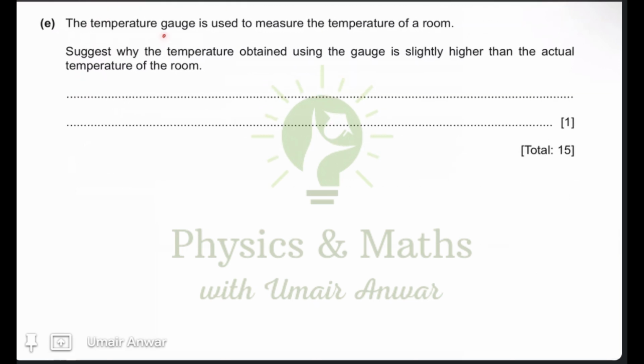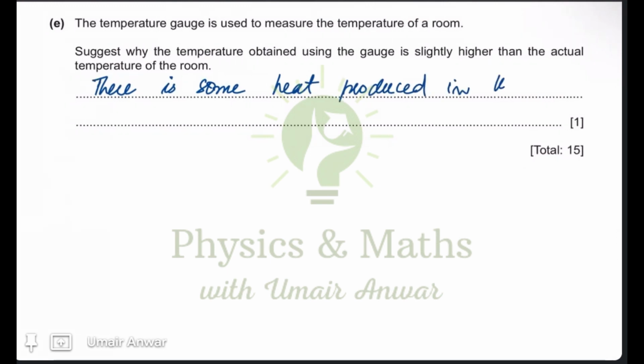The temperature gauge is used to measure the temperature of a room. Suggest why the temperature obtained using the gauge is slightly higher than the actual temperature of the room. The reason is there is some heat produced in the components of the circuit, like the thermistor or the resistor.